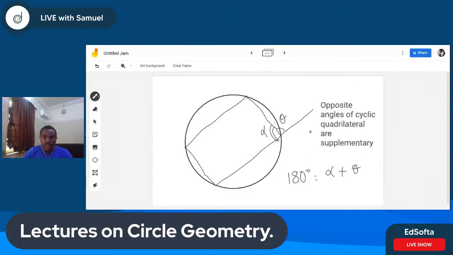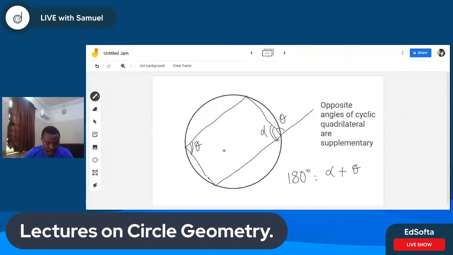And not only that, the theorem also extends to tell us that if we have another angle here, sorry, if you have another angle here, what this is telling us is that this angle here is also theta.